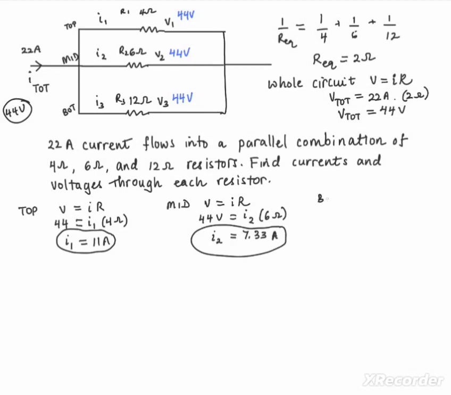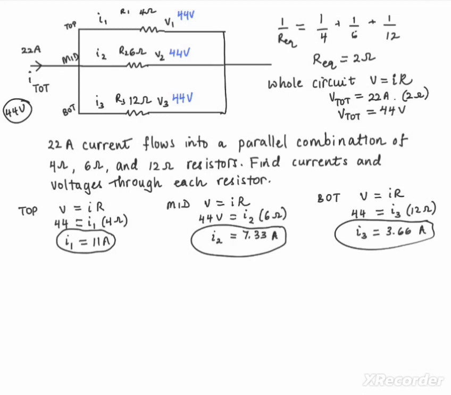And then let's do the bottom. V is again 44 volts, I3 times R3. R3 is 12 ohms here. So I3 is 44 divided by 12, which is 3.66 amps.